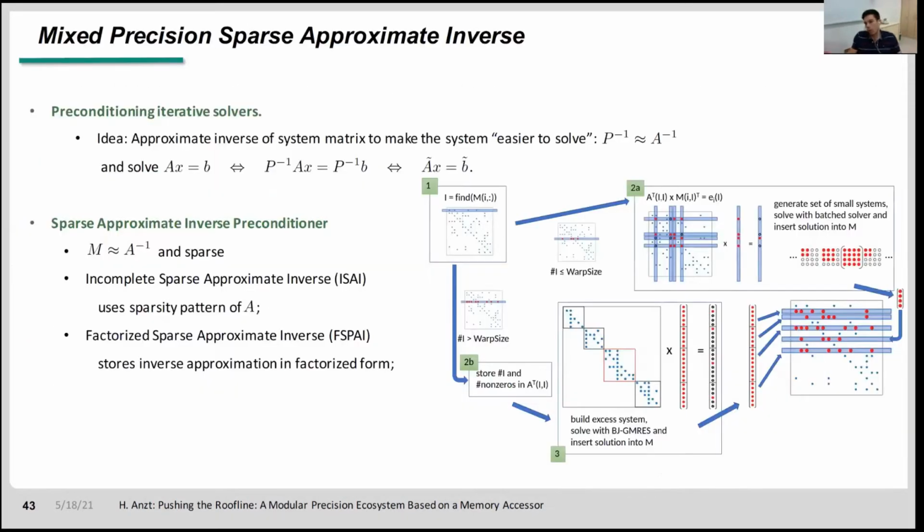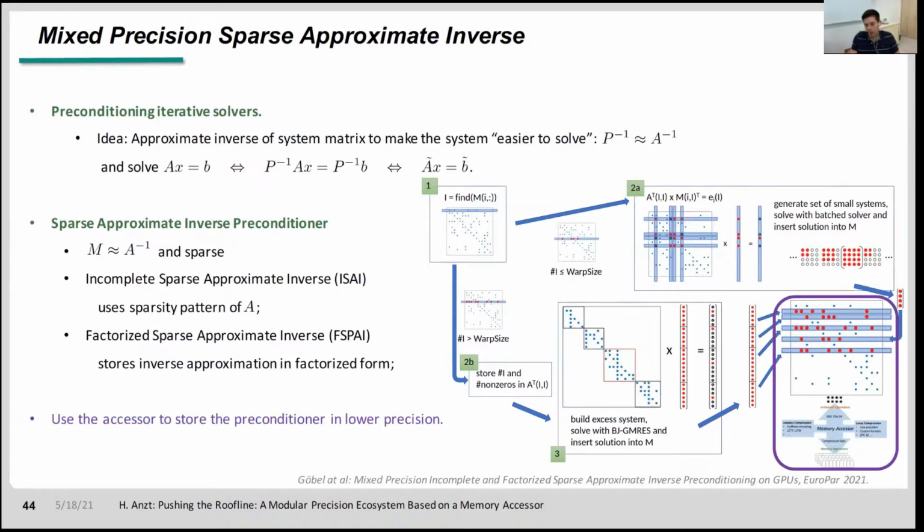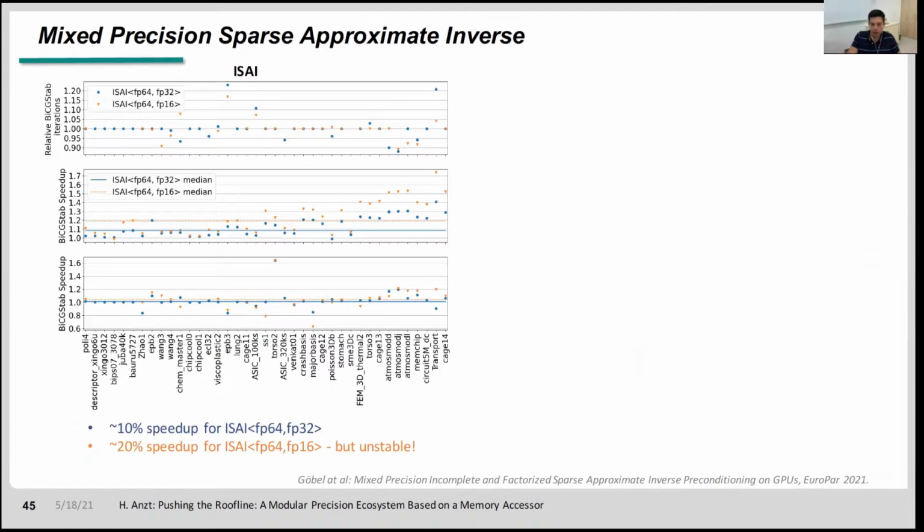We can, of course, use the exact same approach for other preconditioners. And here I have an example for incomplete sparse approximate inverse. Again, we compute the incomplete sparse approximate inverse. And in the end, what we do is we store the sparse approximate inverses in lower precision. And we evaluate the efficiency of that.